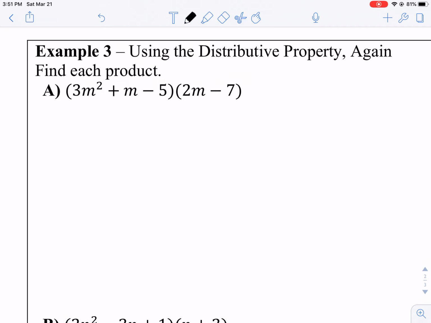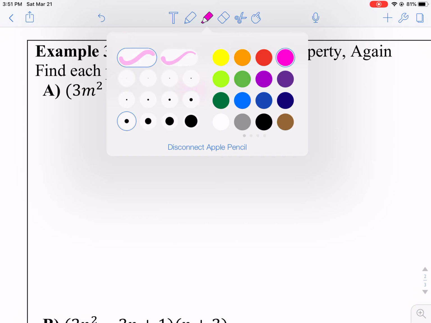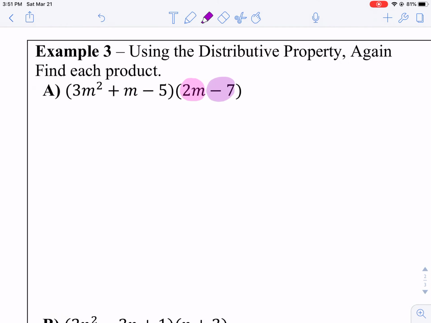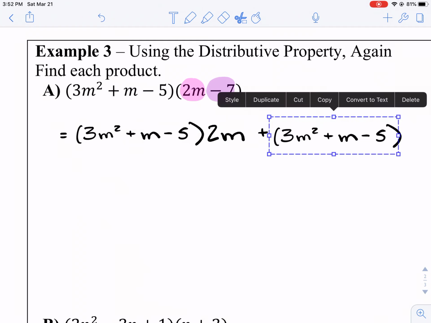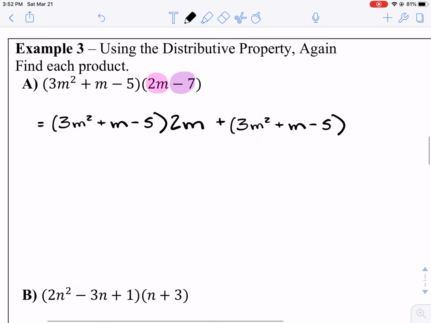So that means we're going to distribute a 2m to our first trinomial, and then we will distribute a -7 into our trinomial. So that will give us 3m squared plus m minus 5, that whole thing times 2m, and then we'll take our trinomial and we will multiply that by -7.